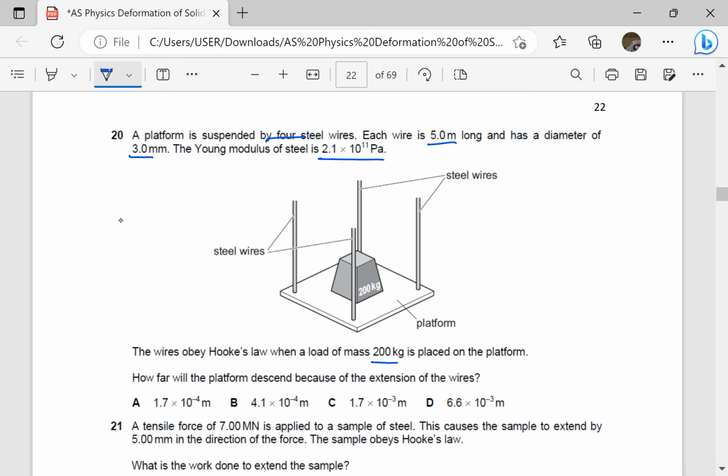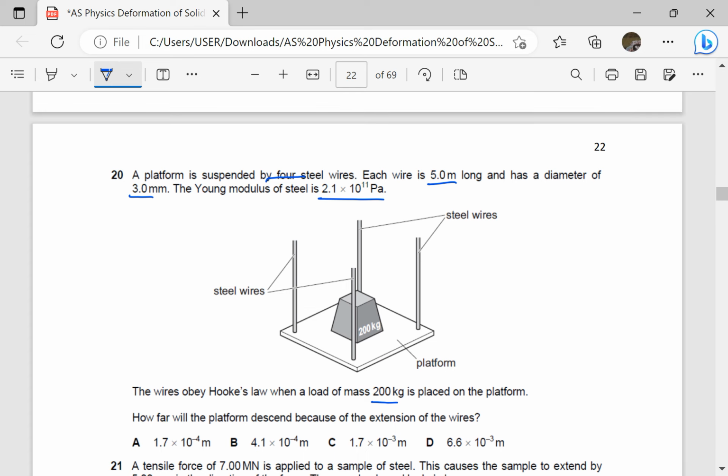Okay, so to begin with, we know that Young modulus E is equal to stress over strain, where stress is force over area, and strain is extension over original length, so I'll get the reciprocal. So this will be original length over extension. Then they have mentioned the diameter, so I'll bring in diameter.